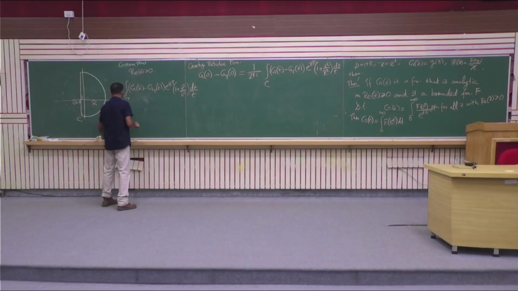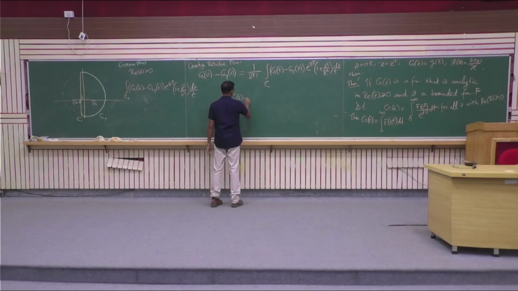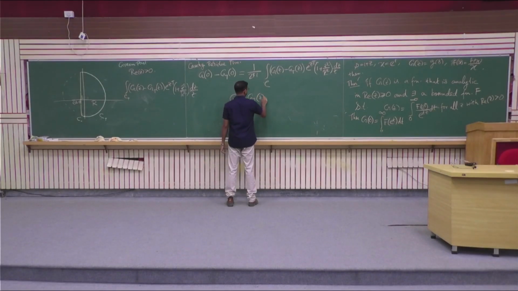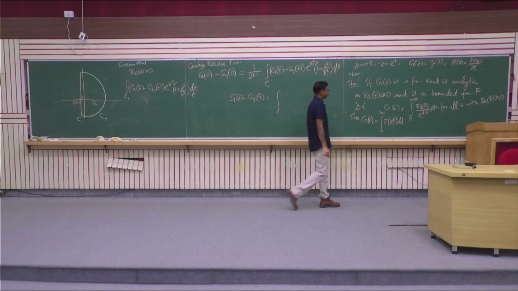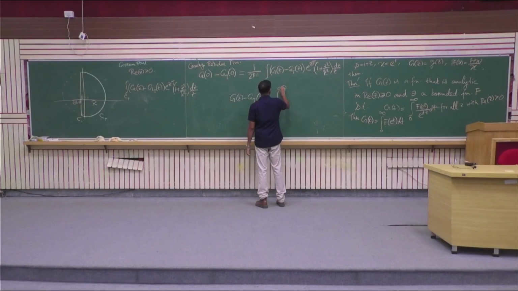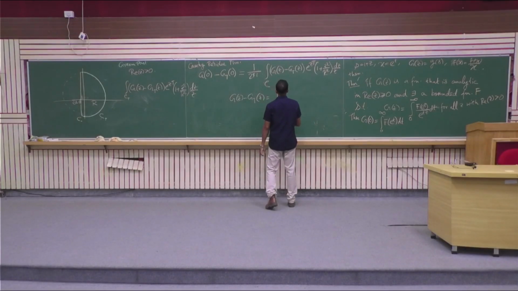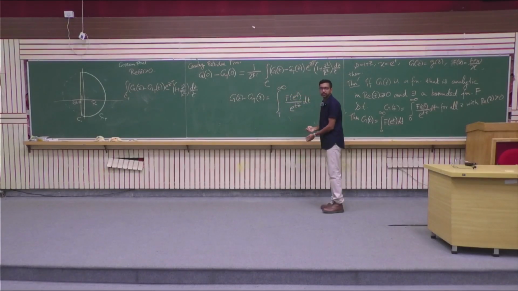All right. Now look at this one, gz minus gtz. What is that? This is the integral from t to infinity of f of t times e to the minus tz dt, right?